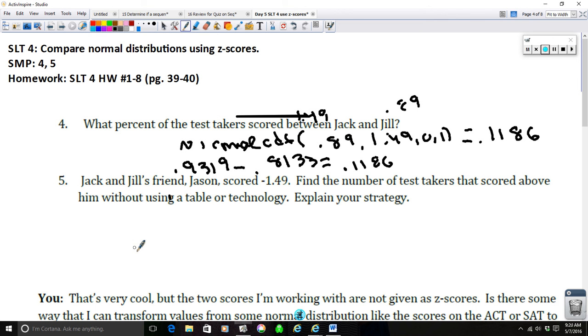I am going to go ahead and use technology because I don't like really guessing at things like that. So negative 1.49 is going to give you, let's see, the percentage that scored above him. So we're going to do normal CDF, for that's the minimum, 1e99, and 0 and 1.